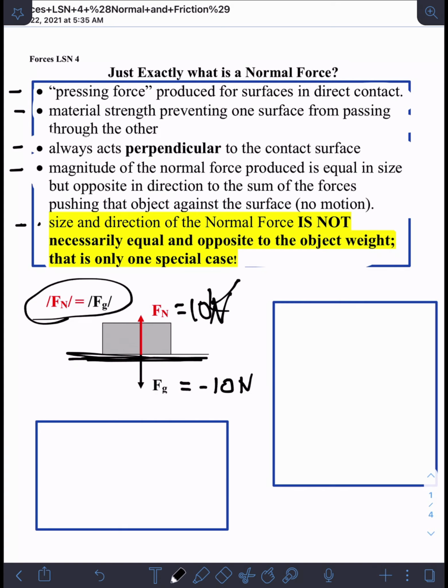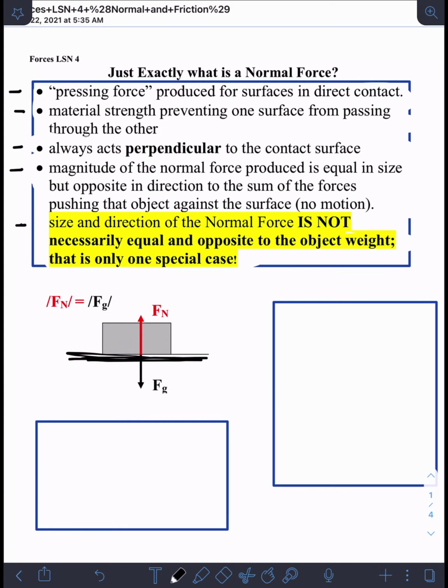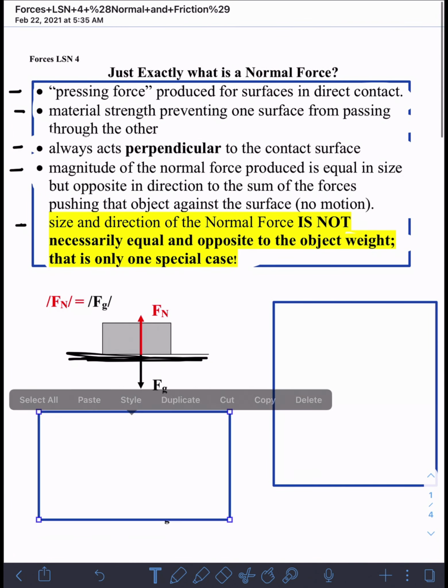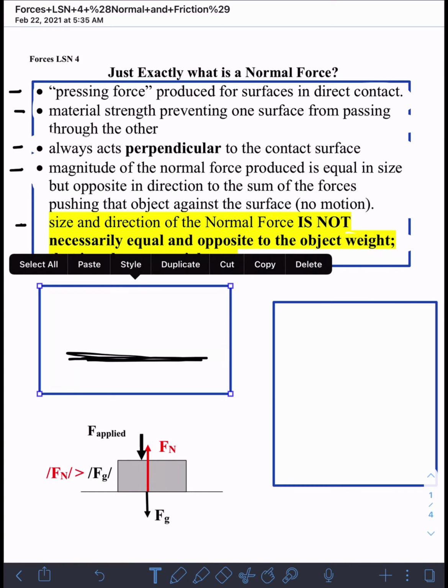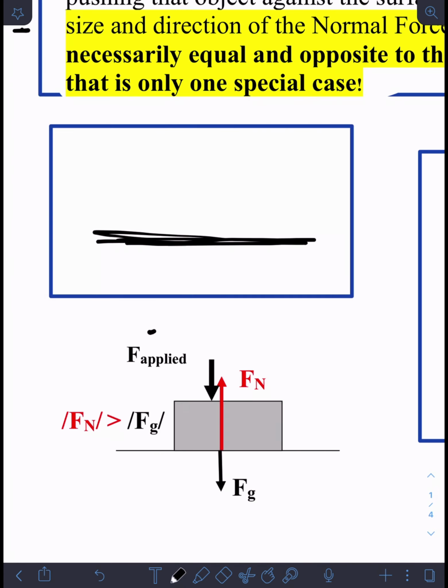However, I do want to look at a couple of other instances. Let's take a look at this case. What if I push down on the top of this box with, say, 20 newtons? And we know that the weight of this box is 10 newtons. So it's a downward pull by the earth and a downward push by me.